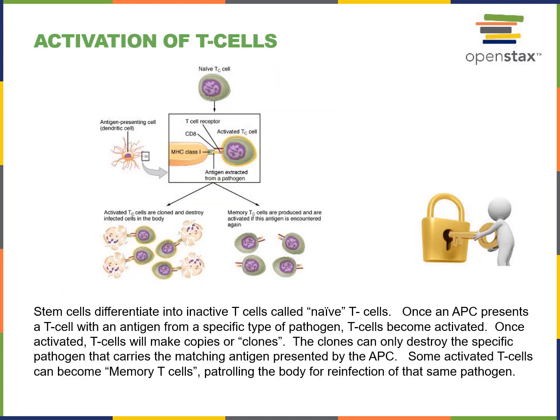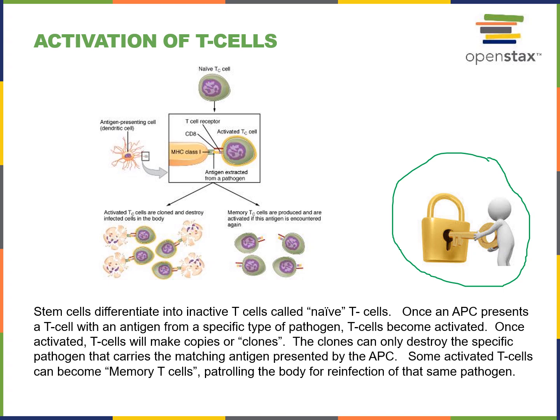Now, what happens when a T cell actually can interact with the antigen presenting cell plus the antigen that's being presented to it? So again, the T cell receptor has to be specific. So it's this lock and key fit. Again, we come back to this, right? Specificity. Only a specific key can open a particular lock, right?